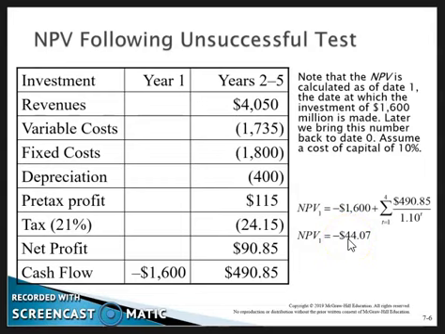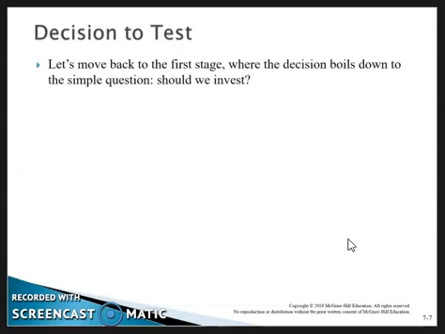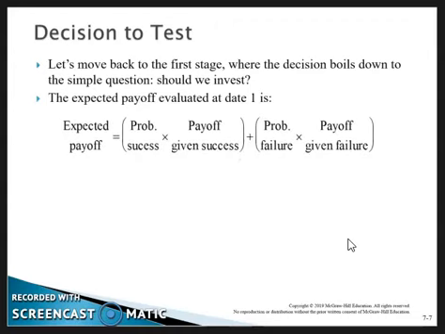So now we have to decide whether to test. If we go back to the first stage, it boils down to the simple question: should we invest? If we calculate the expected payoff, it's the probability of the two outcomes.